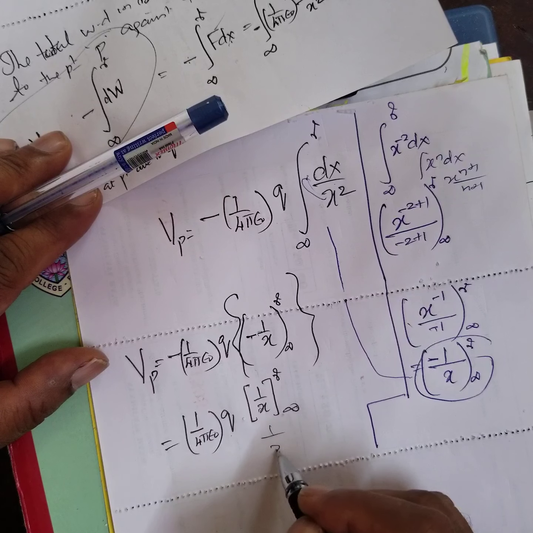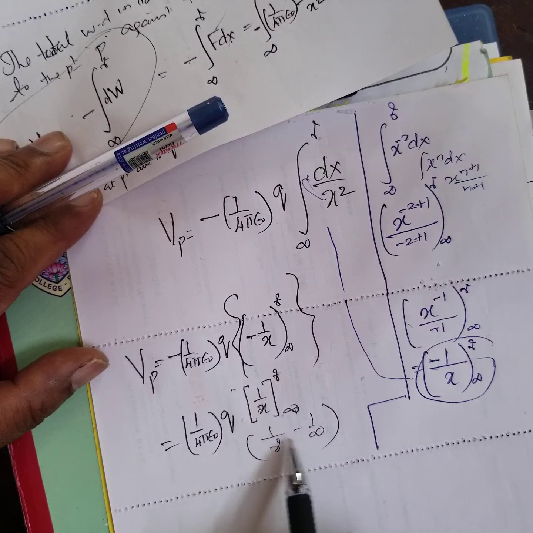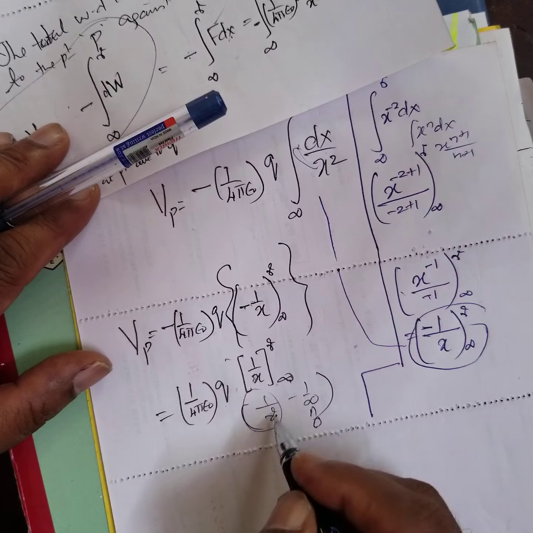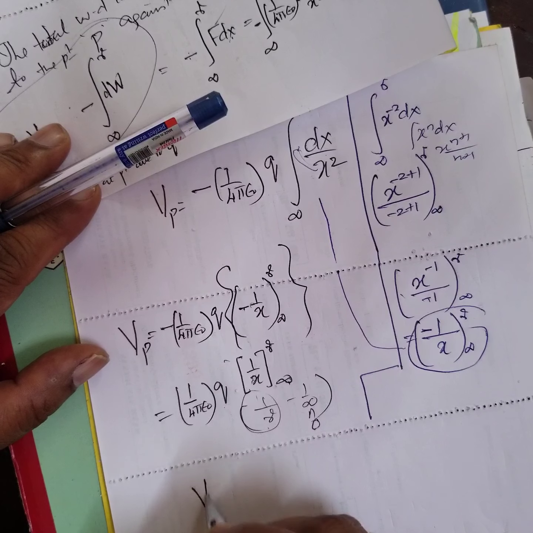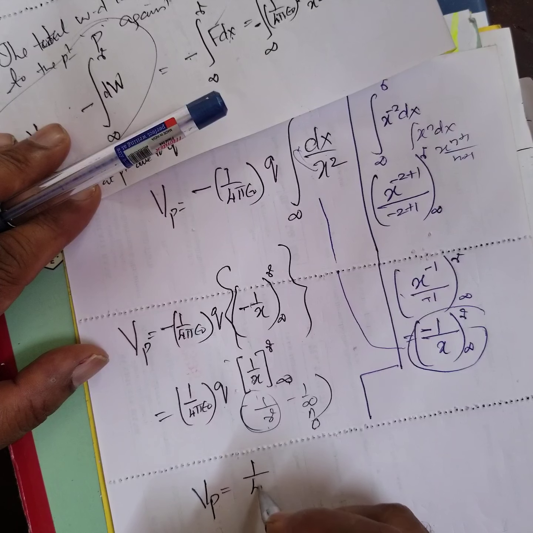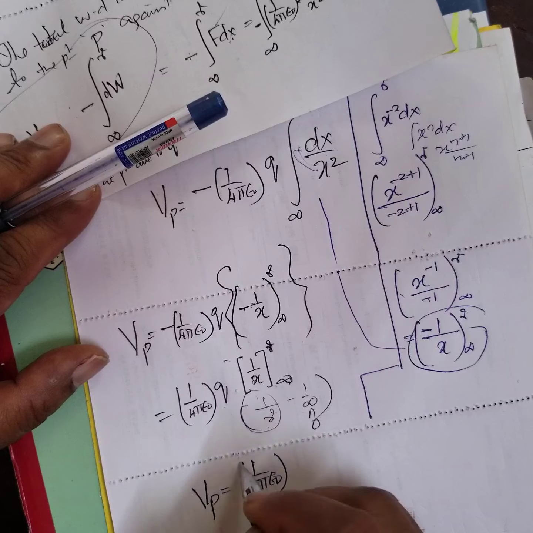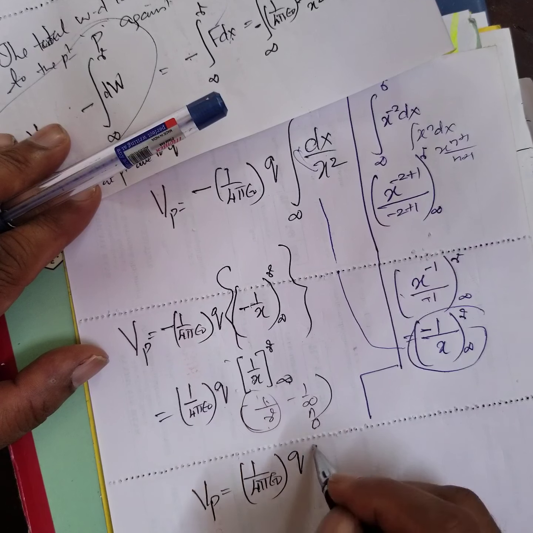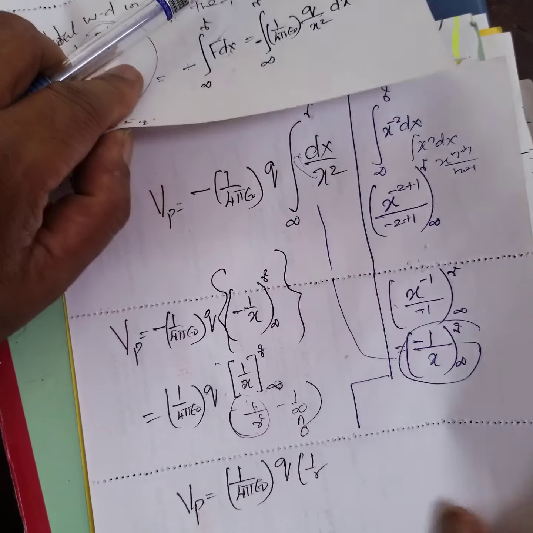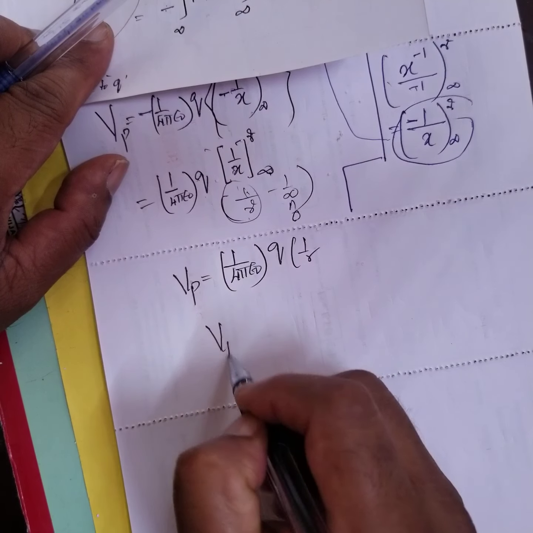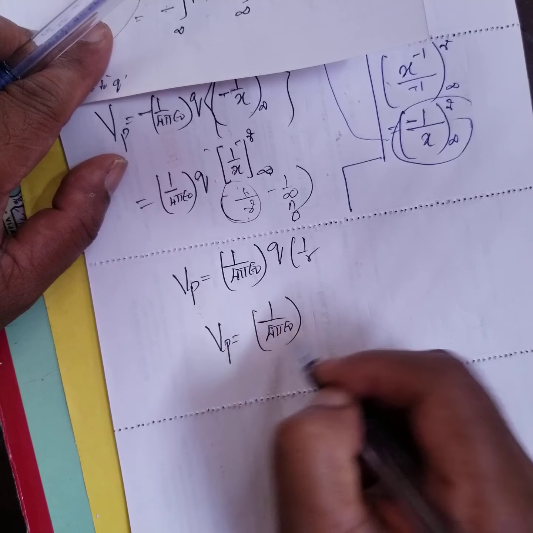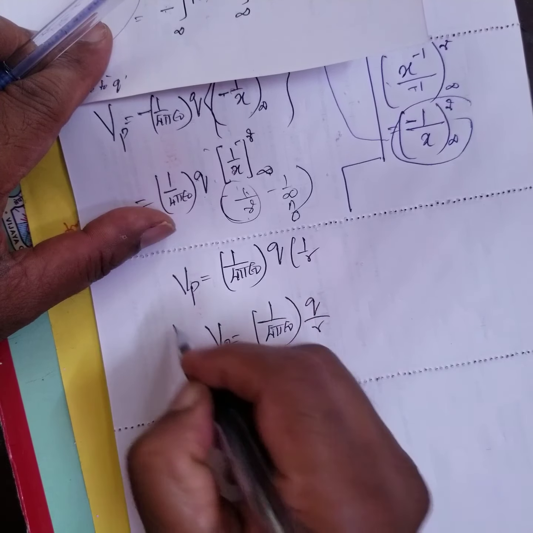This is 1 by R, this is 1 by infinity. 1 by R minus 1 by infinity is 0. Therefore, you are left with only 1 by R. The potential at the point is equal to 1 by 4 pi epsilon naught Q by R.